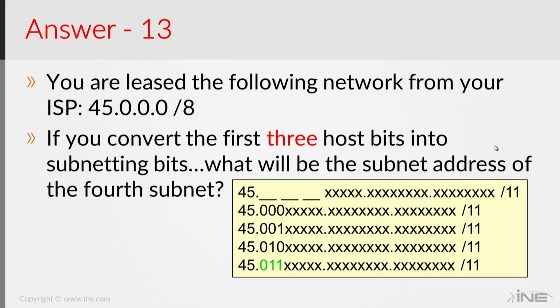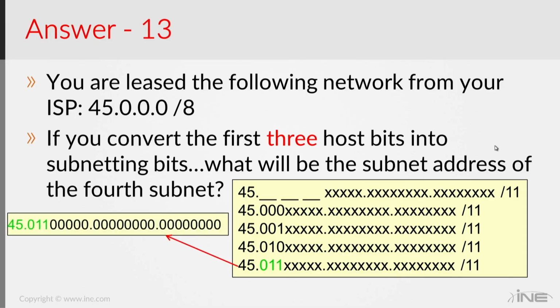If I take all of my remaining host bits and convert them into zeros, I get that. And so my 4th subnet is the 45.96.0.0 network with a /11 mask. It started out as /8, and then I added 3 bits to it, making it into a /11.